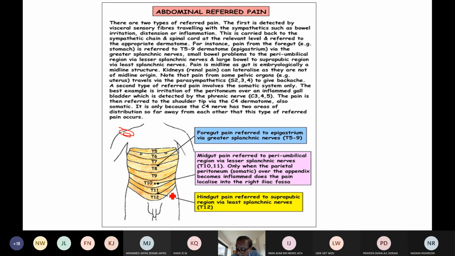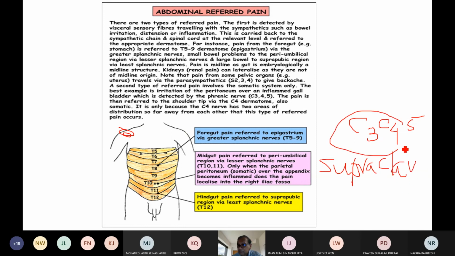The diaphragm is supplied by the phrenic nerve, with value C3, C4, C5. The same C3, C4 also supplies another nerve, the supraclavicular nerve, which supplies the tip of the right shoulder. Because of that, gallbladder pain is referred to the tip of the right shoulder.